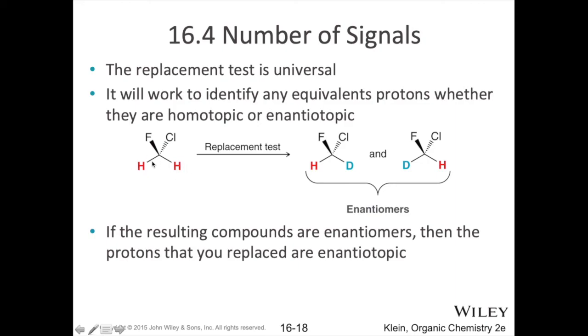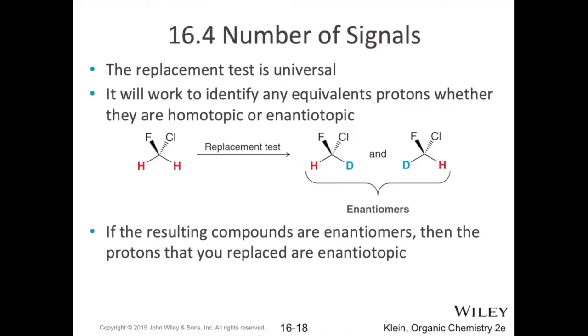I often find students get confused when they have two protons on a molecule that are homotopic to each other, and they ask, can't they also be enantiotopic? There's often confusion there because if you have a rotational axis, oftentimes you could also reflect those two hydrogens using a mirror plane as well.